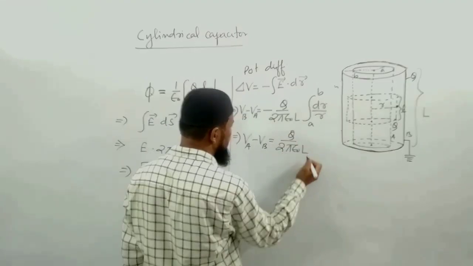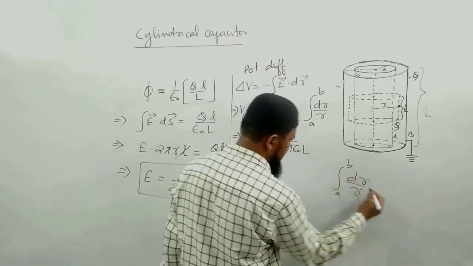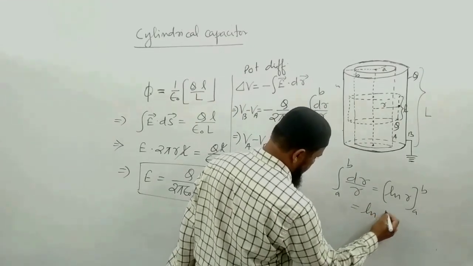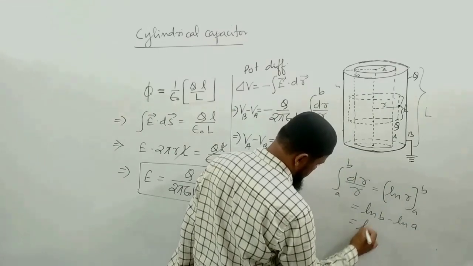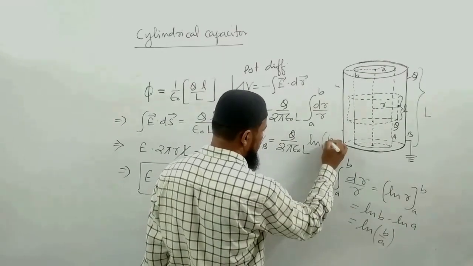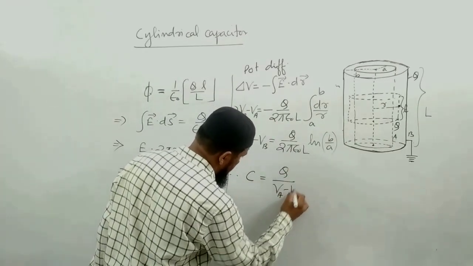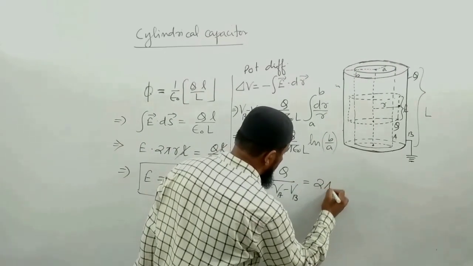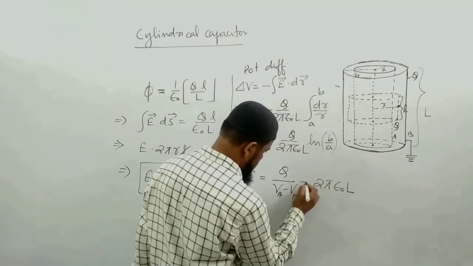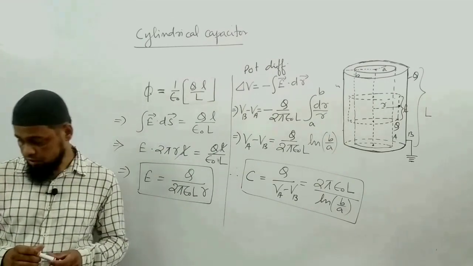That becomes Q divided by twice pi epsilon naught L times the integral of dr by r from A to B, which is ln r from A to B, that is ln B minus ln A, so ln B by A. Therefore, the capacitance of this system is Q divided by Va minus Vb, which is twice pi epsilon naught L divided by ln B by A. This is the capacitance of a cylindrical capacitor.